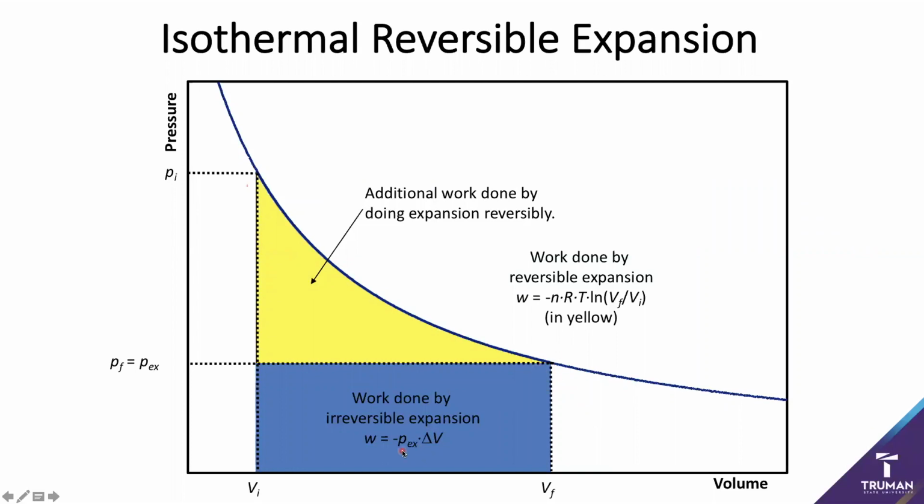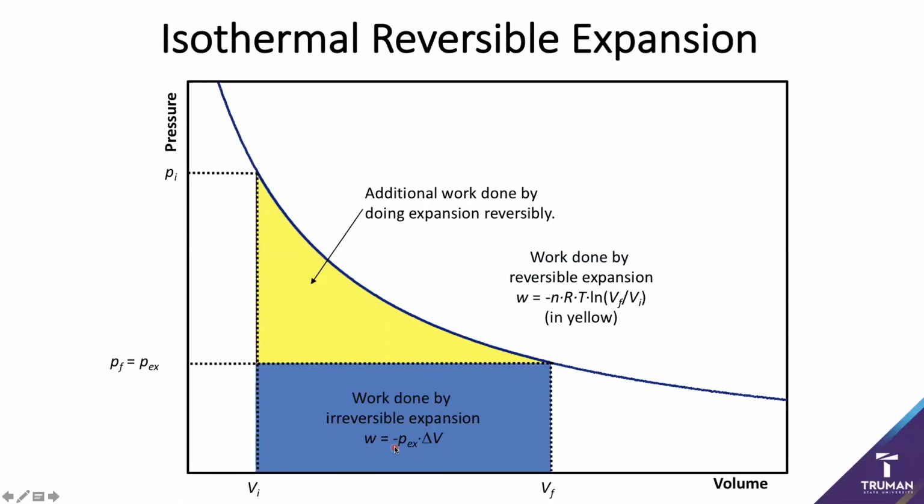So in this case, we can model the amount of work done by the system in the expansion based entirely on that ending external pressure, so 1 atm, times the amount of volume the system expanded. So this is actually going to be a fairly simple approach.